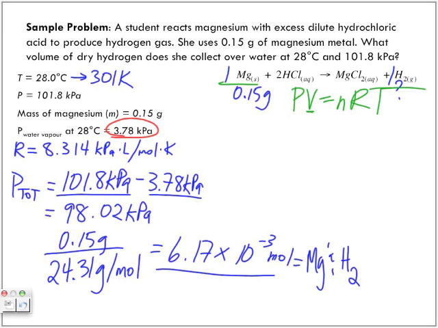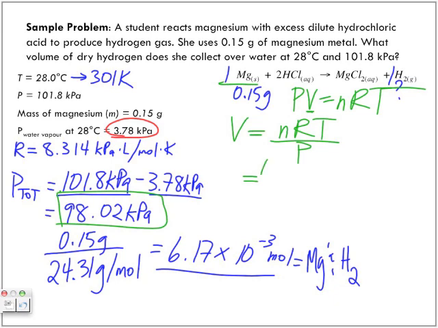Isolating for V, V is equal to nRT over P. Remember our new P value: we take the total subtracted by the pressure that was contributed by the water vapor, using Dalton's Law of partial pressure.